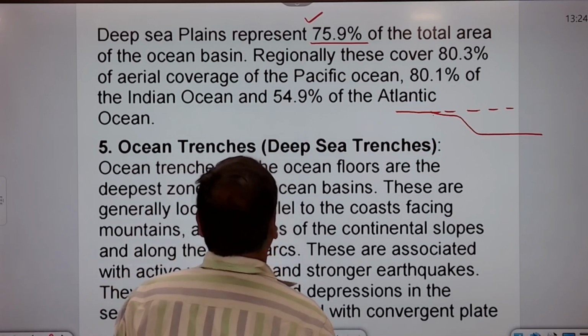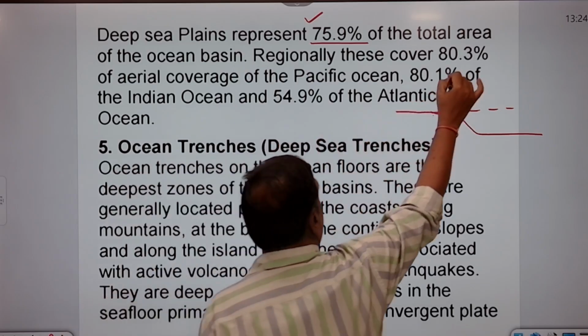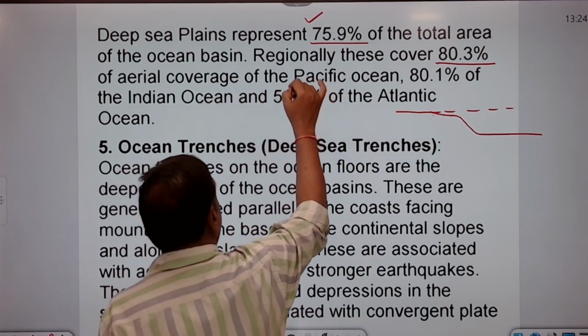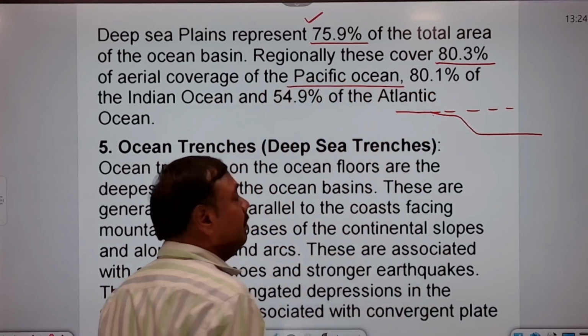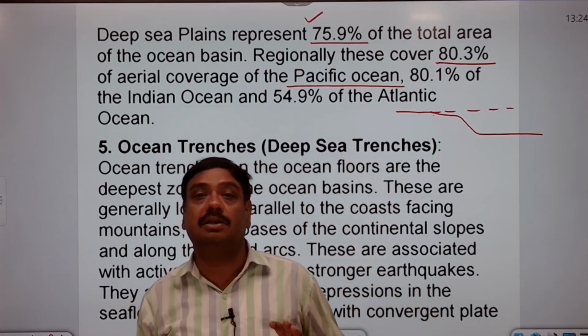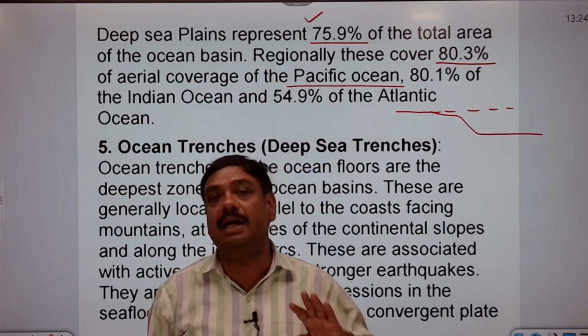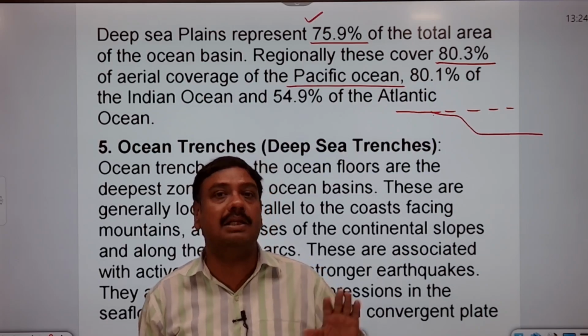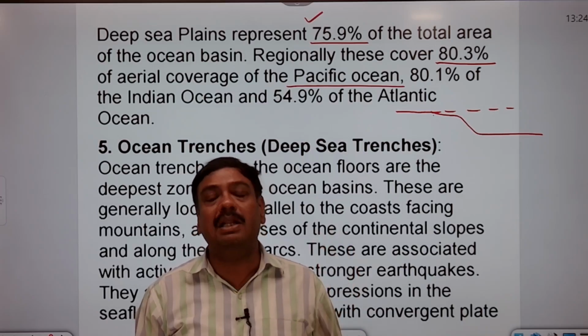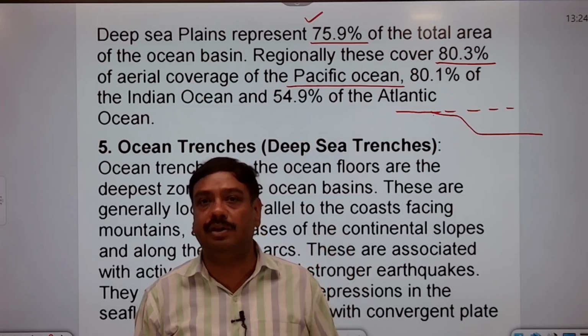At the same time, regionally they cover 80.3% in the Pacific Ocean. Why is it so? Because the Pacific Ocean is the larger ocean, and we have seen that the distribution of continental shelf as well as continental slope is lesser there. So, the remaining part is covered by the deep sea plain region.